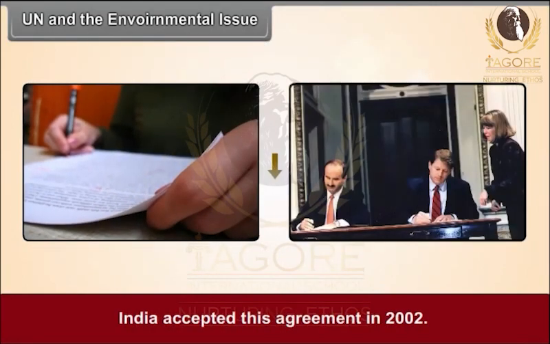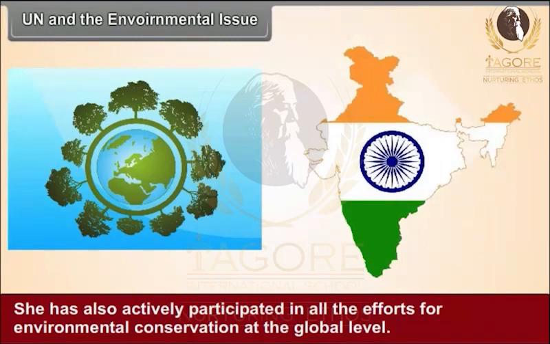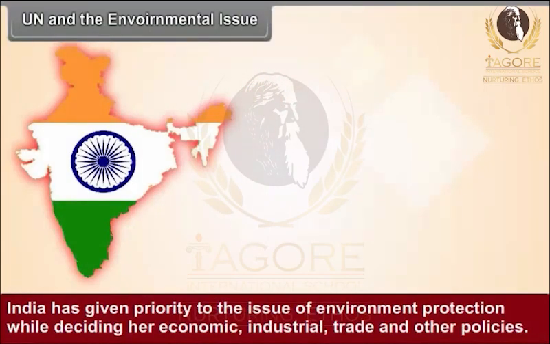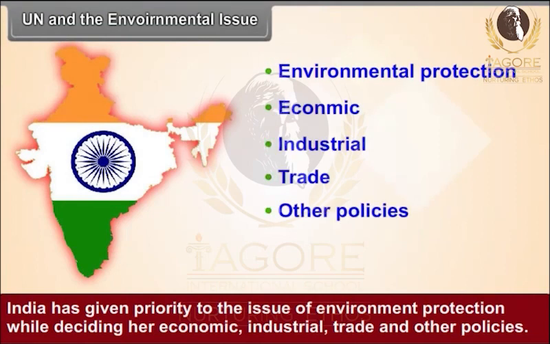India accepted this agreement in 2002. She has also actively participated in all the efforts for environmental conservation at the global level. India has given priority to the issue of environmental protection while deciding her economic, industrial, trade and other policies.